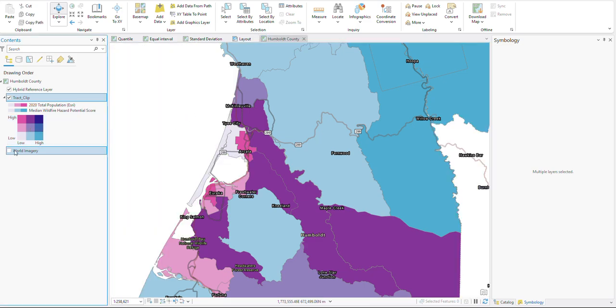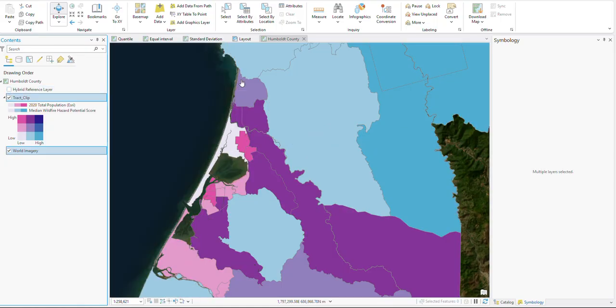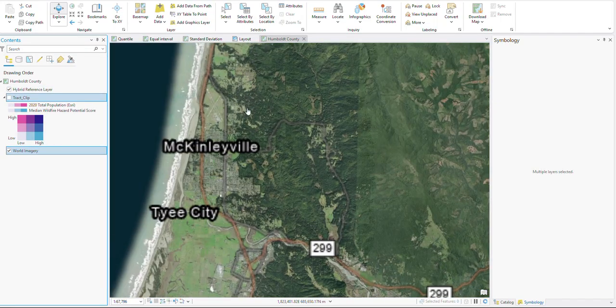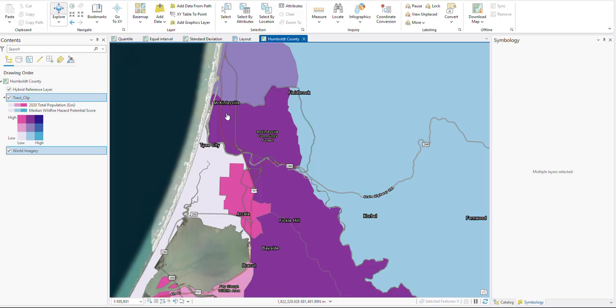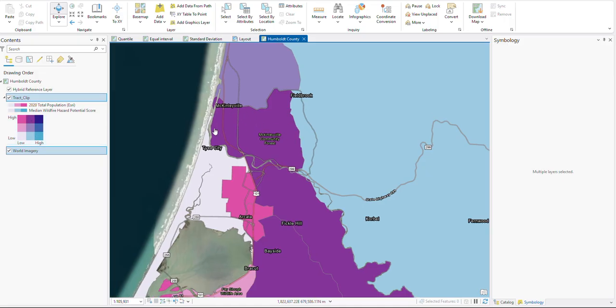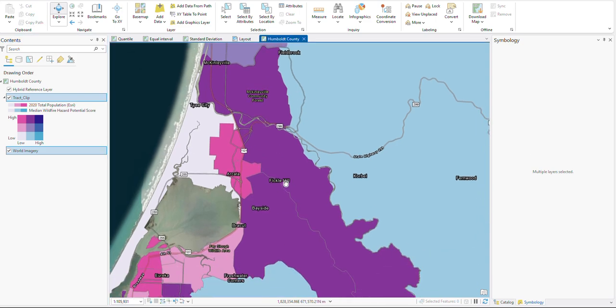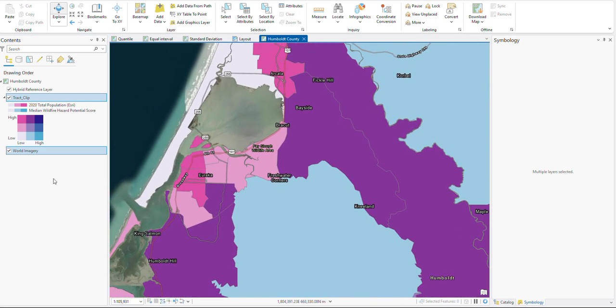And that's up here, north of McKinleyville, between McKinleyville and Trinidad. Down here, right? High population density, medium wildfire risk, right? And that's this area here, McKinleyville, so on and so forth.